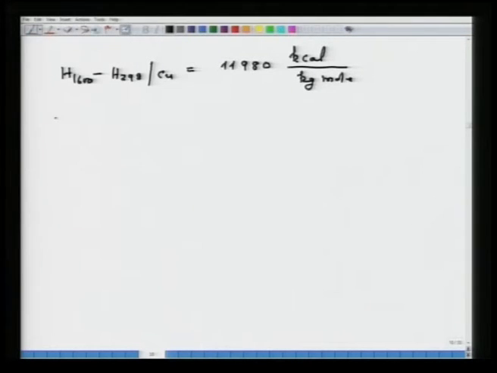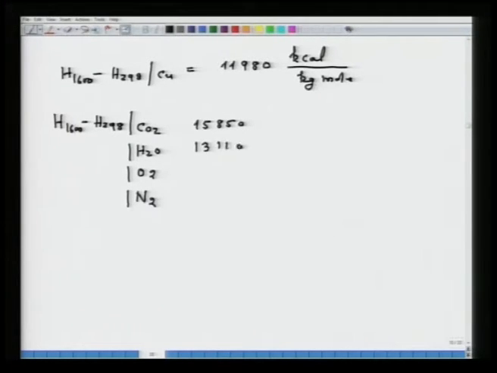Now, H 1600 minus H 298, this is for CO2, for H2O, for O2 and for nitrogen, that is given as 15,850, 13,110, 10,442 and 9943.